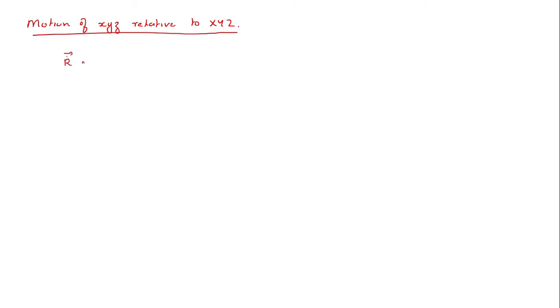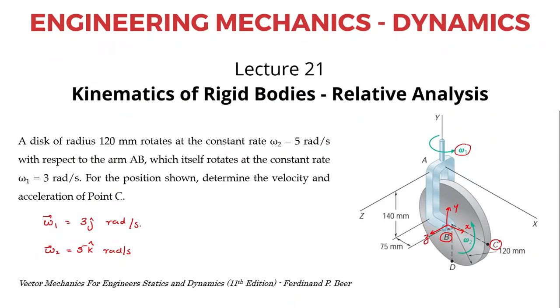Now r dot vector. Now you see in this figure here, the point B on which the secondary reference frame xyz is attached will undergo rotation around the y axis here.